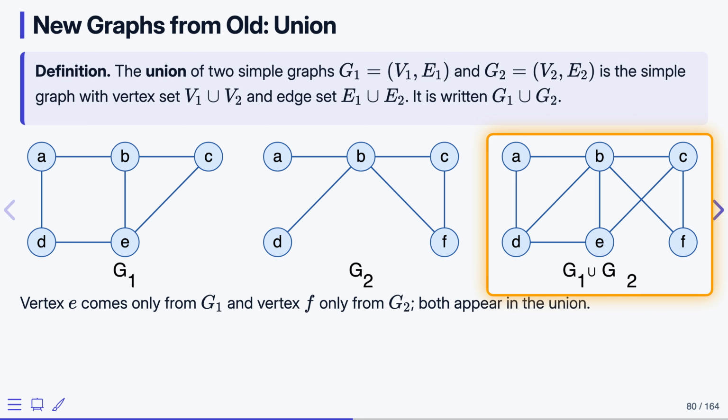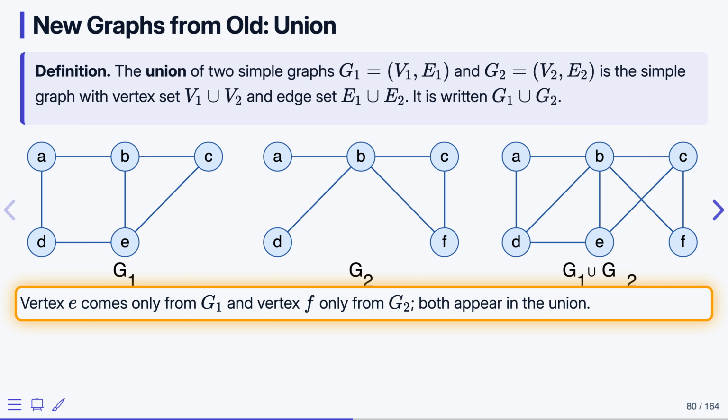G1 had 6 edges. G2 had 5. 2 of them, AB and BC, appear in both, and we keep only 1 copy of each. So the union has 9 edges. Vertex E came only from G1, and vertex F came only from G2, but both are in the union.